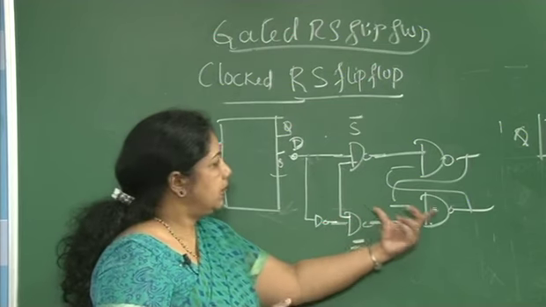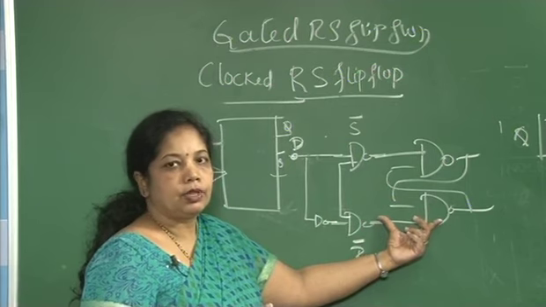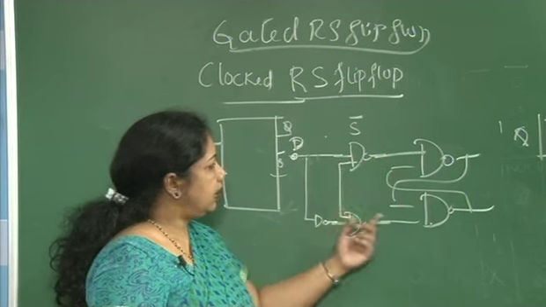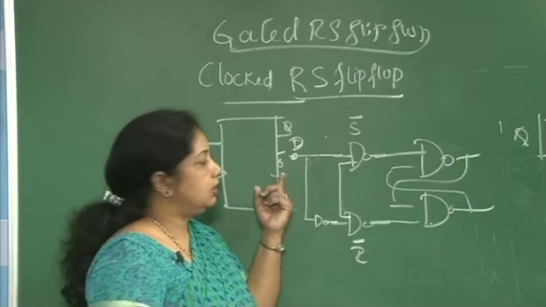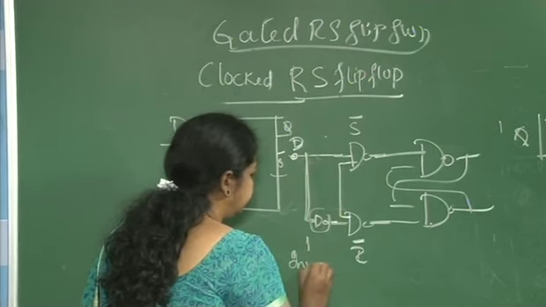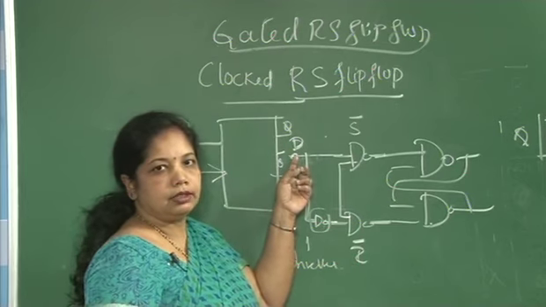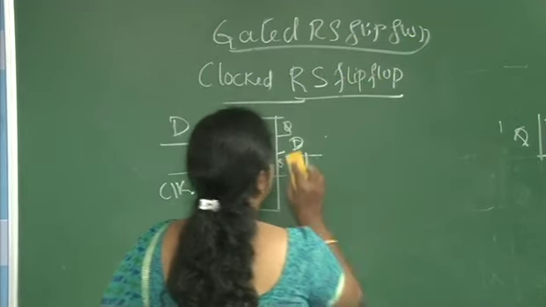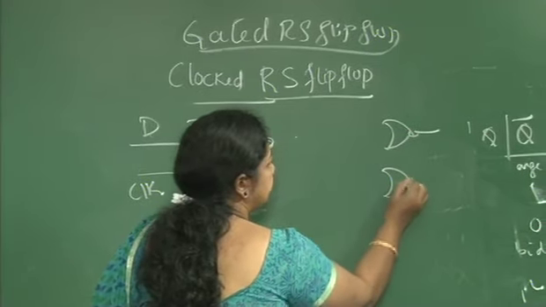So, the basic internal circuit remains the same. Either I can build it through NAND gates or through NOR gates. If I tie them together and connect them to a single input, then it becomes a D flip flop. So, I connect this through an inverter. We have an input called D. Or I can write the D flip flop like this.